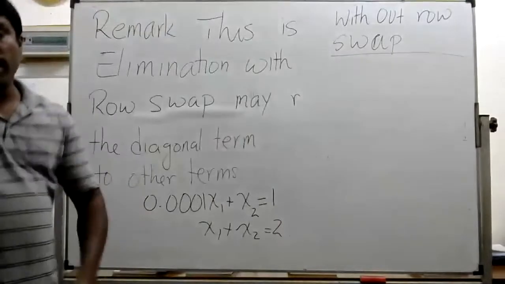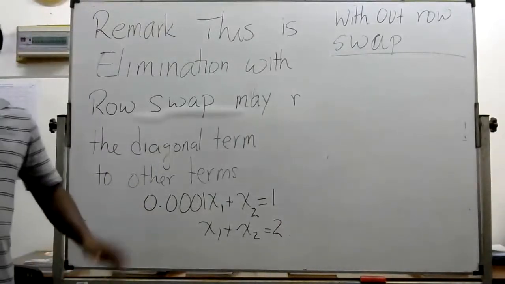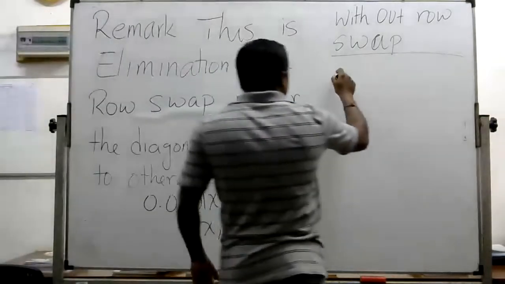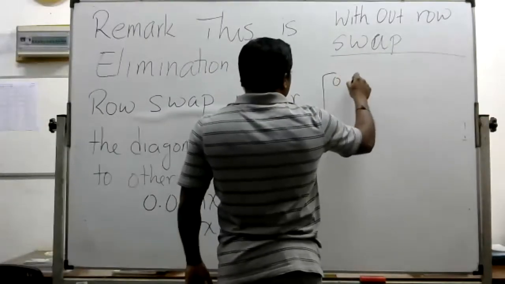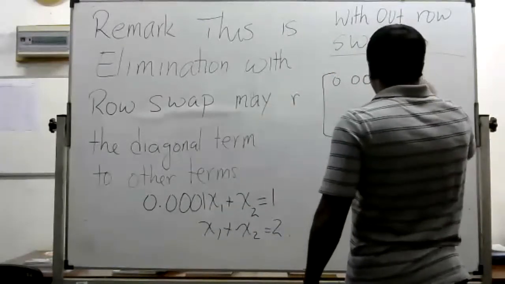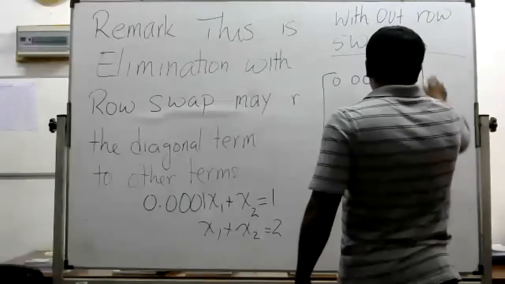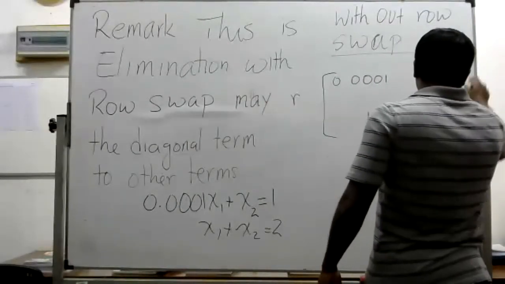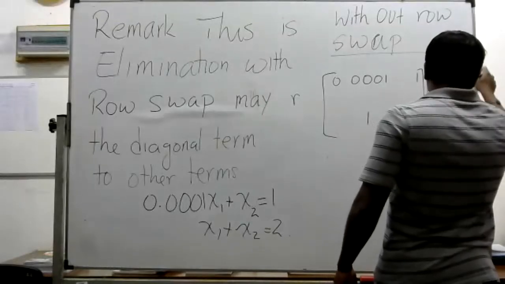Clearly you don't need to go for a row swap, so you multiply by an elementary lower triangular matrix and skip the row interchange. So here is your system: 0.0001, 1, 1, 1, times x1, x2, is equal to 1, 2.